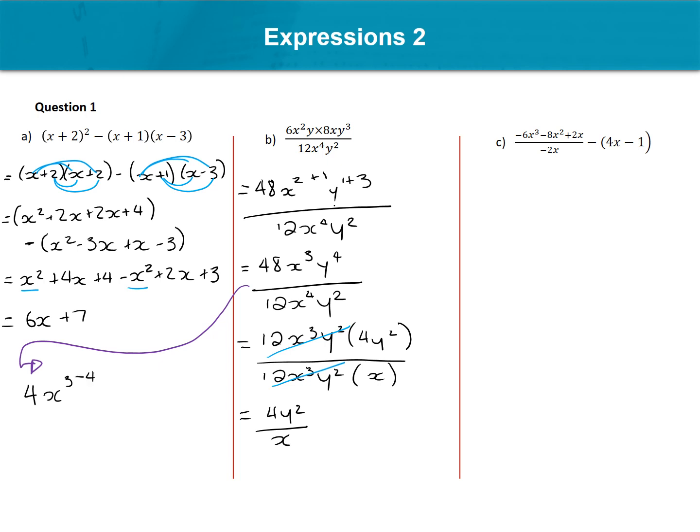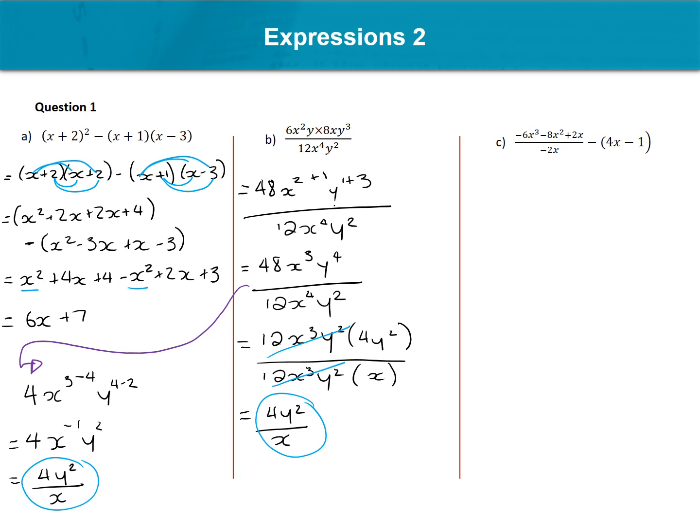So 3 minus 4, and then we have y to the 4 minus 2. You're left with 4x⁻¹y². And because x is to the power negative 1, you take it to the denominator, it becomes positive 1. So you're left with 4y² all over x. As you can see, we have the same answer in the end, but we have two methods of working it out. Alright, let's move on to C.